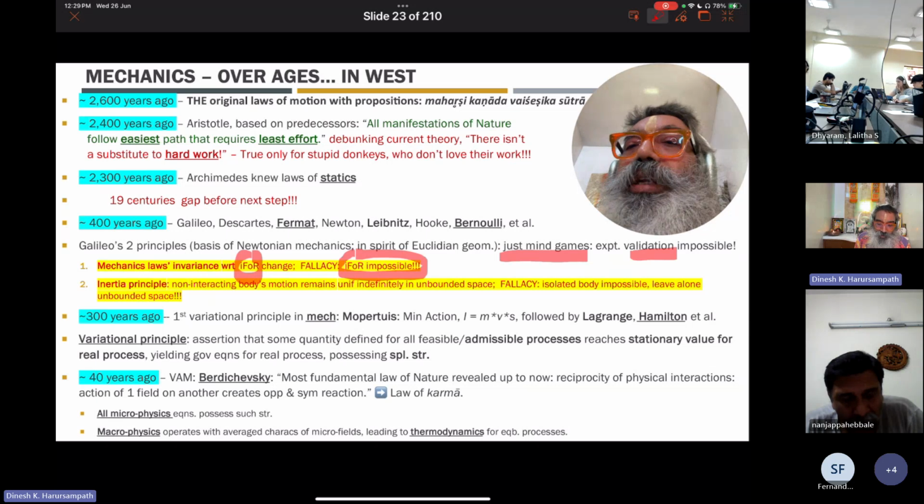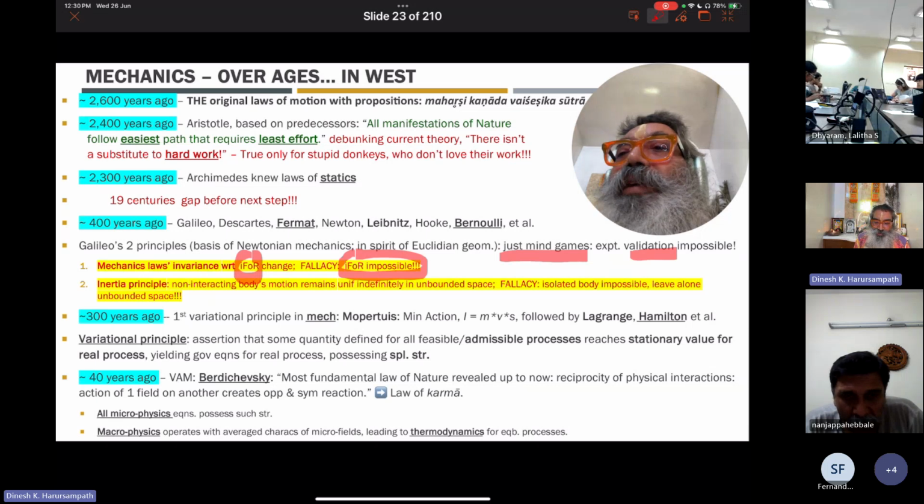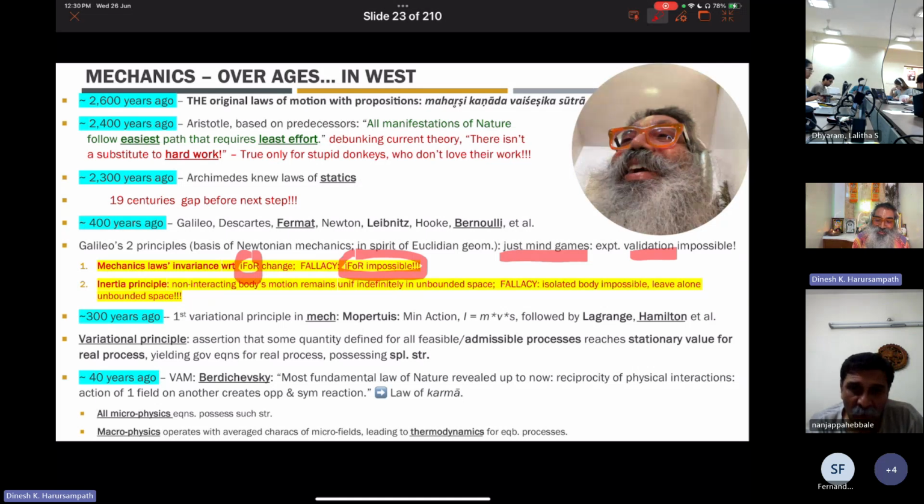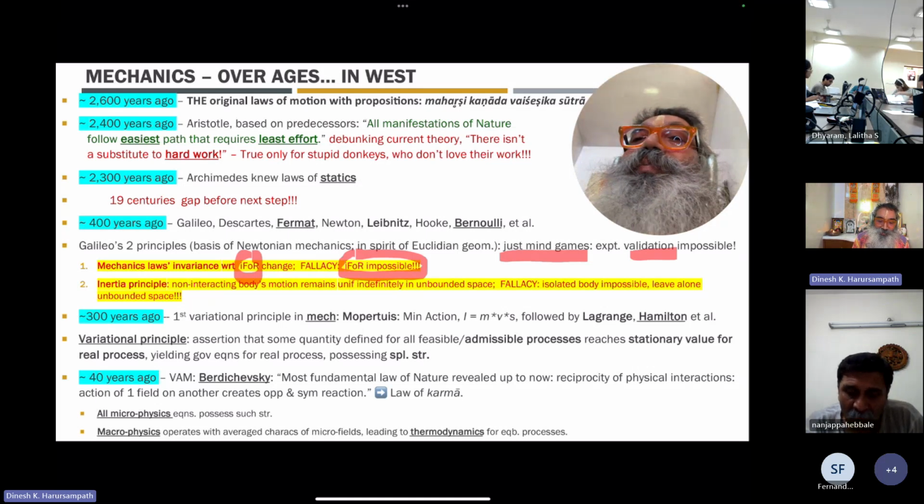So what Galileo stated is that the non-interacting body's motion remains uniform indefinitely in unbounded space. This is where Newton got his idea, of course, for his first law. The first law of Newton is actually stating the same thing which Galileo did many years before him, but in different words.